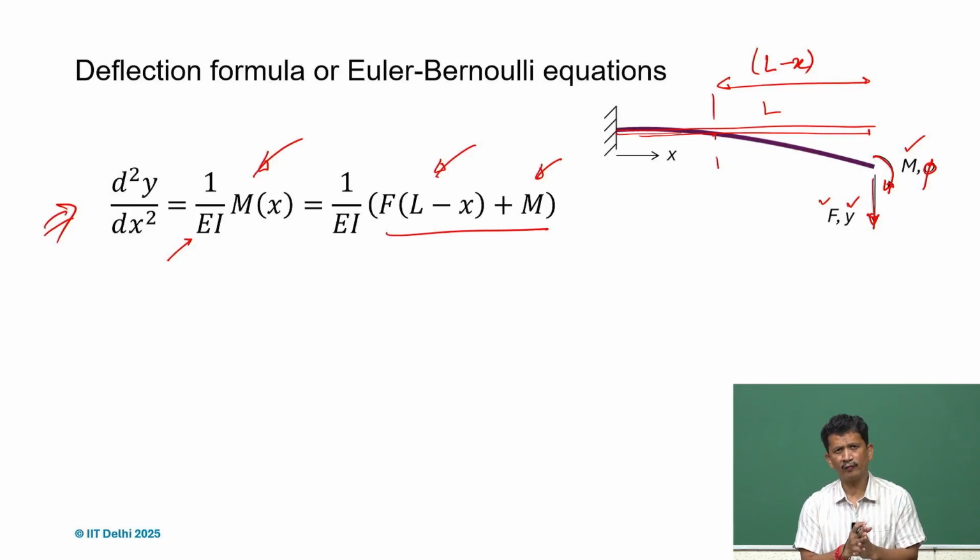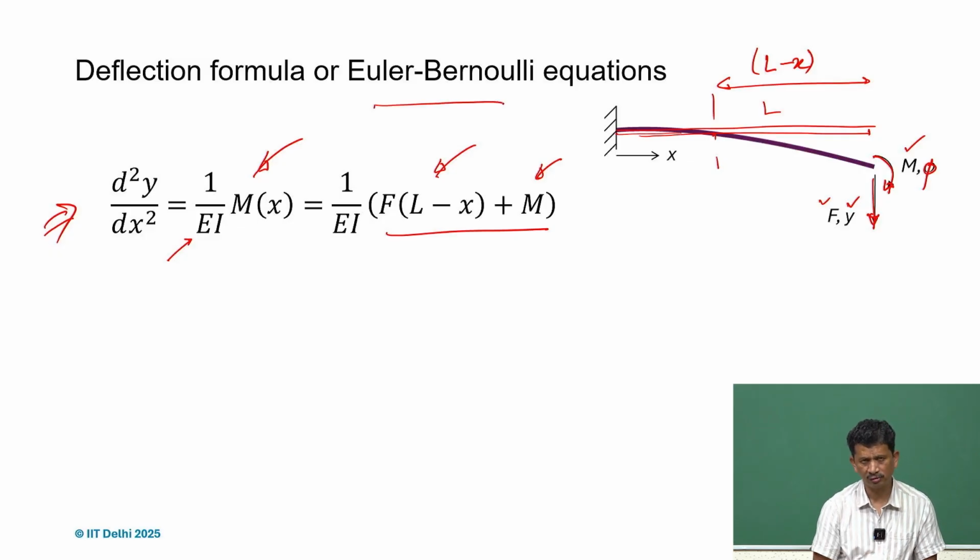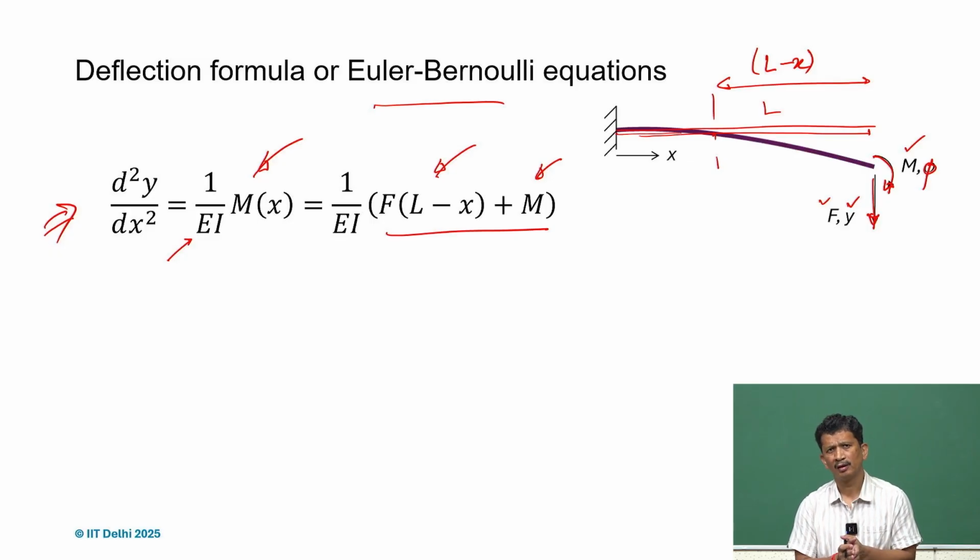We are not going for very large deflections. We are limited to small deflections only, and that's why we are restricted to the linear Euler-Bernoulli equation. If the deformations are large, we can always refer to advanced solid mechanics books and do the correction. But the idea of this course is to use these elements for machine design.